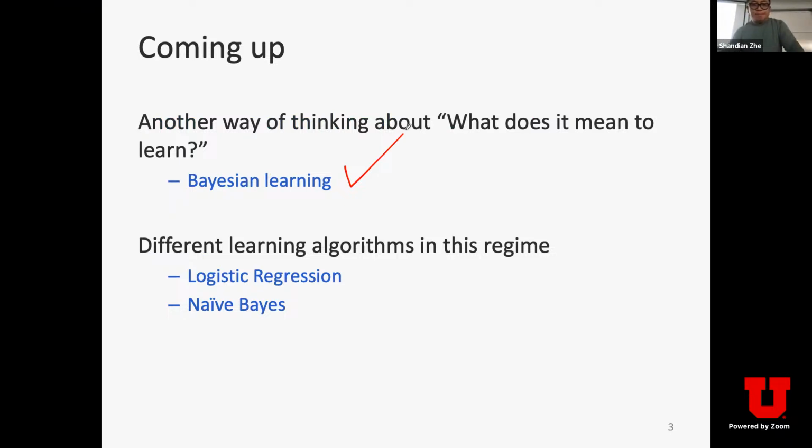I will talk about why taking such a view is meaningful and useful. Then we will introduce two specific Bayesian learning algorithms in this regime: one is called logistic regression, and one is called naive Bayes. Logistic regression is very simple. You can view it as a generalization of the linear regression we discussed early in our semester, but it works surprisingly well in many applications, for example online advertising.